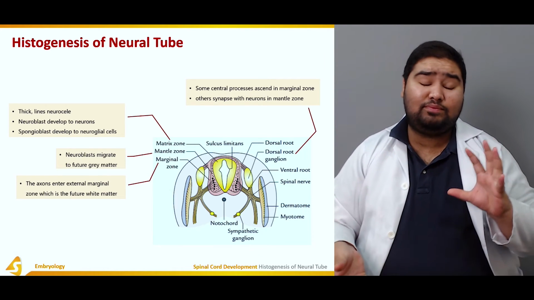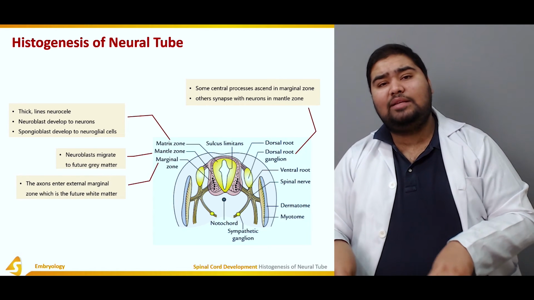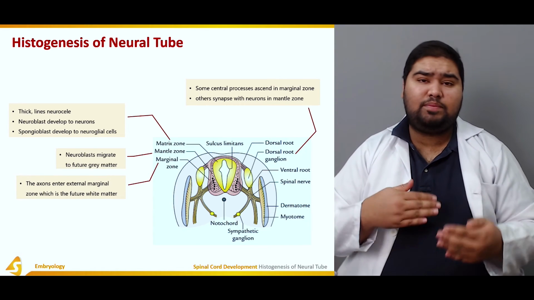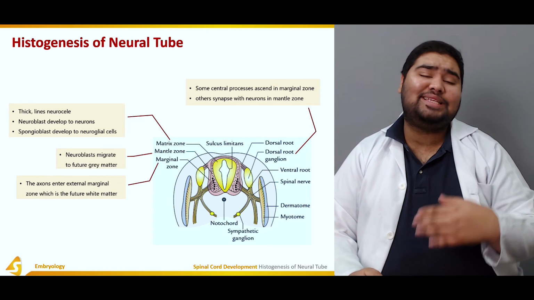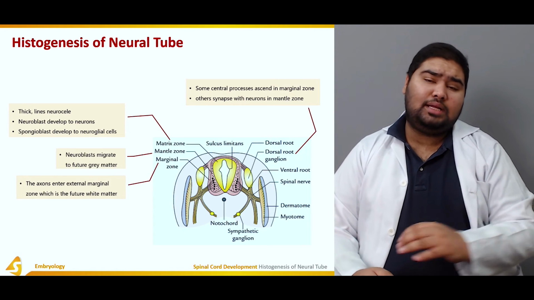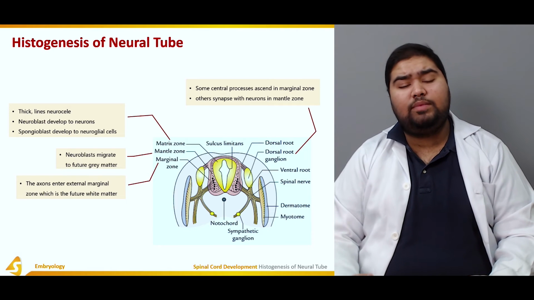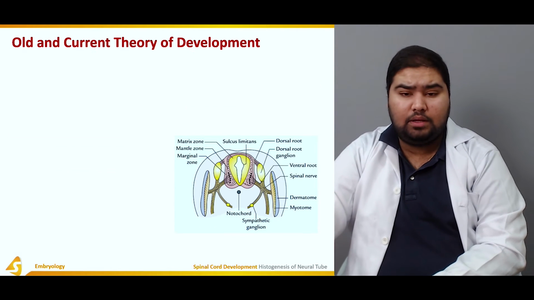So there are various interconnections between the cell bodies, the axons and the various neurons present in various layers. These interconnections are important because they help in the carrying and relaying of information to and from the central nervous system.